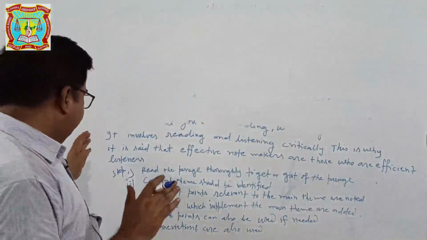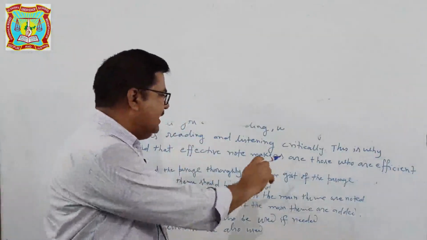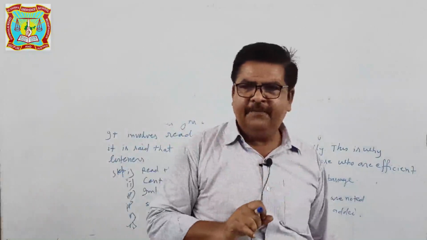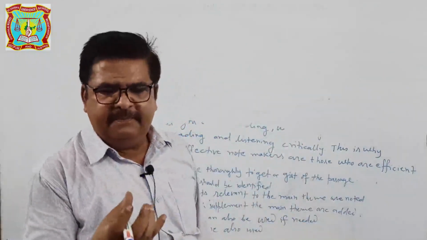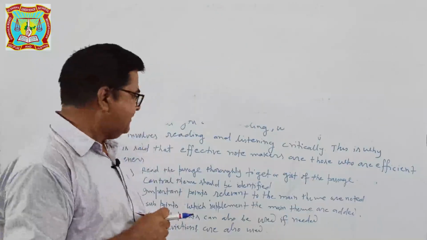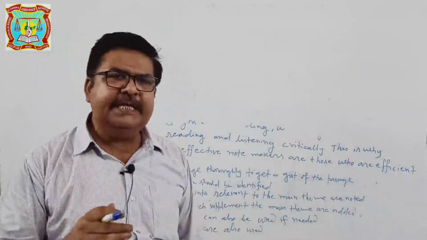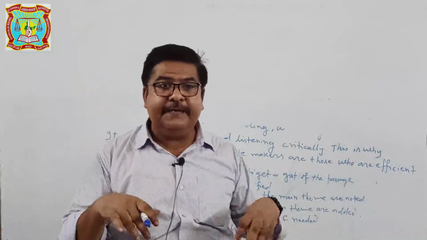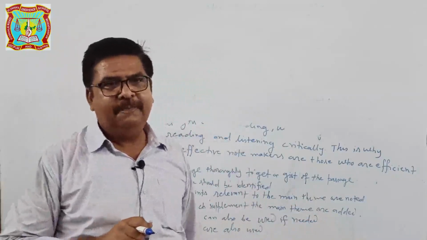So, the first step is that you have to read the passage thoroughly to get a gist of the passage. By gist you mean the main idea, the substance, the extract of the passage. So first of all, you just go on reading the passage thoroughly without stopping for the difficult words or difficult phrases that come across you.